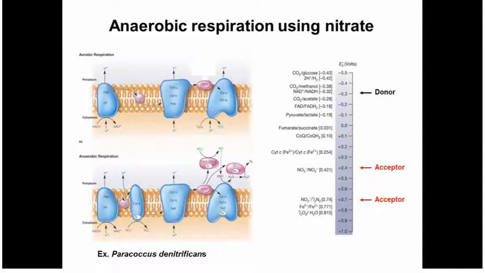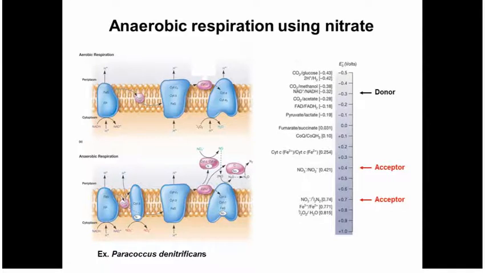Now, when oxygen is not present, some bacteria can perform what is called anaerobic respiration. It sounds like it's impossible, right? Respiration is breathing, so how can you breathe if you've got no oxygen? However, respiration here means electron transport and generation of ATP.